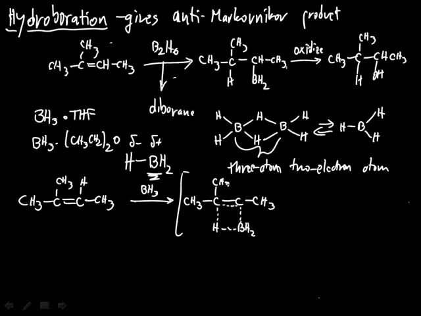Then we'll have a CH3 group here and hydrogen here, and the delta minus here will be on hydrogen and delta plus will be on boron. Accordingly, the hydrogen will coordinate to the more cationic center, and this will be the tertiary center, which would stabilize cation better, and this will be the delta minus. So you can see what this is leading to. In the transition state now, hydrogen gets transferred to the more substituted carbon, while boron remains on the less substituted.